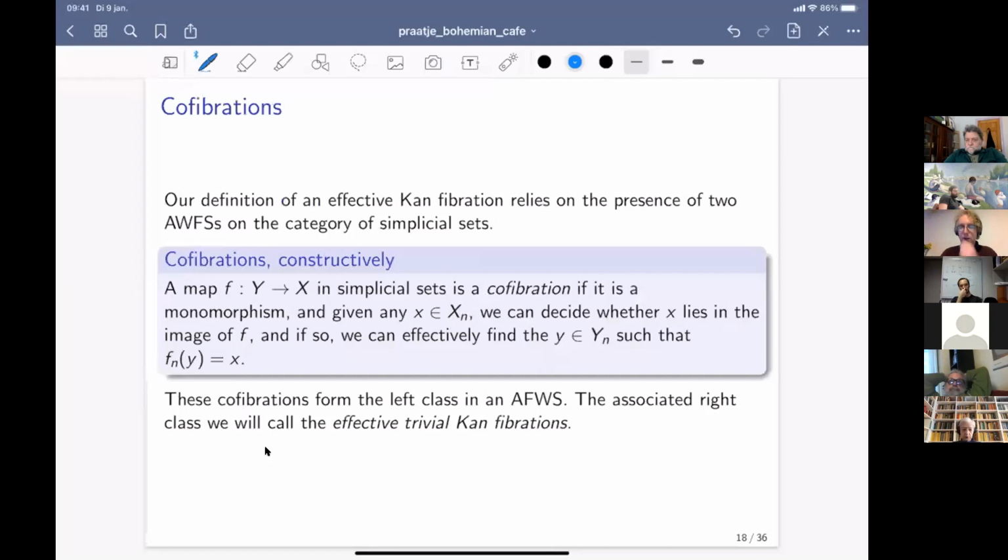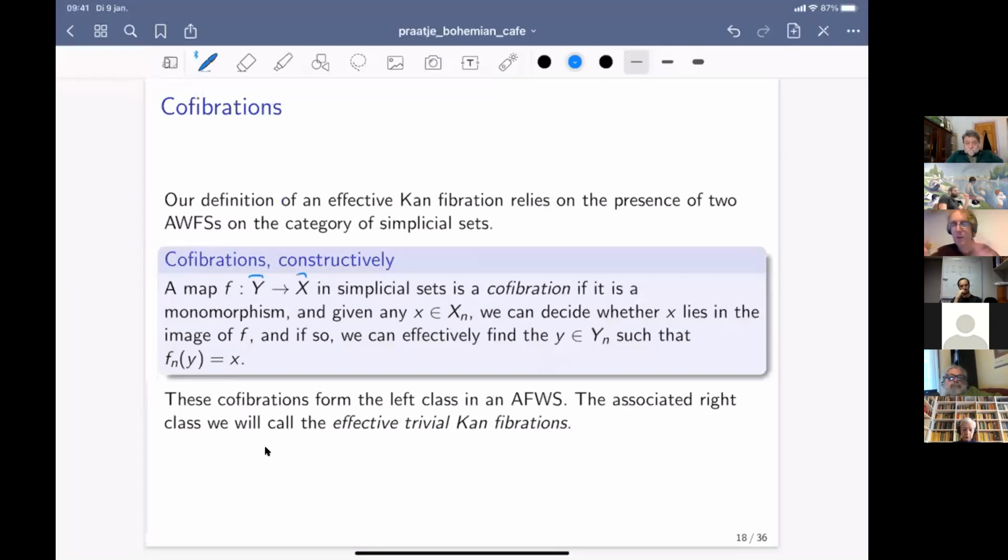What we want is that if you have a map from Y to X, you can decide for the elements in the simplicial set X whether or not they came from something in Y. So the question of whether or not you are in the image is decidable, and if it is in the image, you want to be able to construct an element in the preimage that it came from.